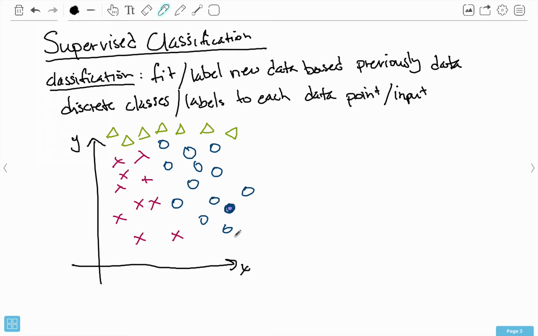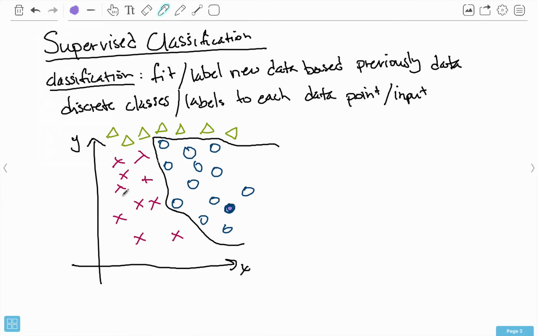So I can carve out this portion, which seems to be a lot of blue circles. If you gave this to a classifier, it would probably give a blue circle too.